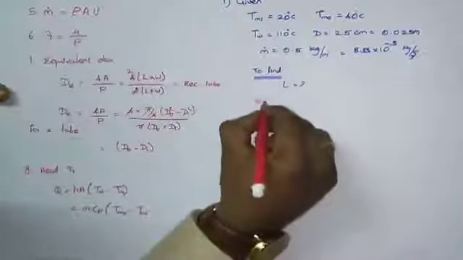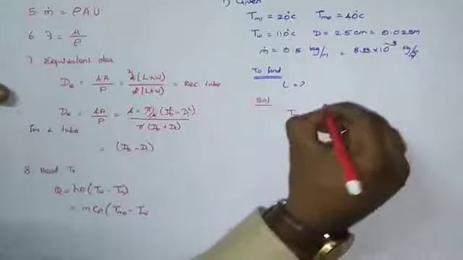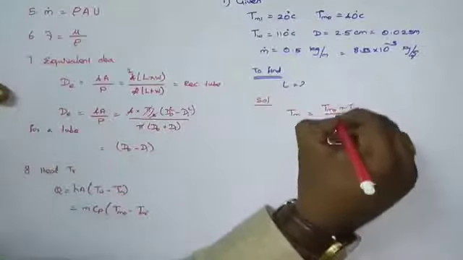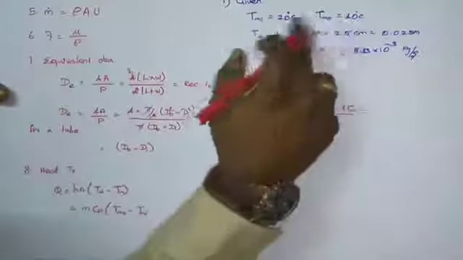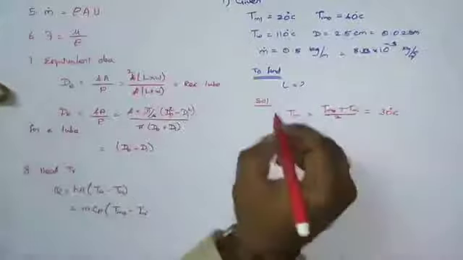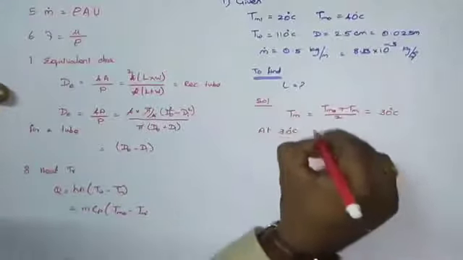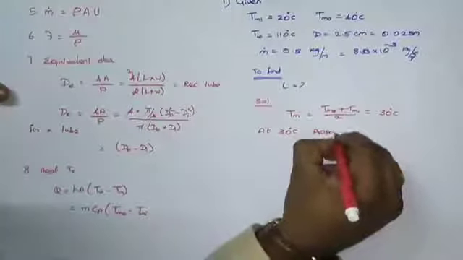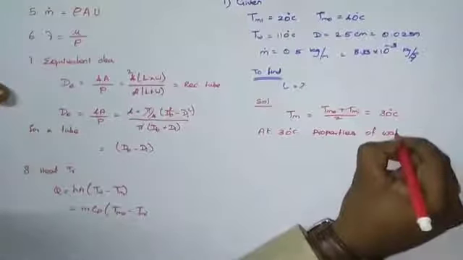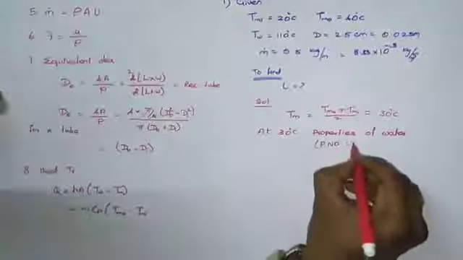Now the solution. In the solution, the first step is to find out the T mean temperature, which is equal to (Tm naught plus Tmi) divided by 2, which is equal to (40 plus 20) is 60, divided by 2, equal to 30 degrees Celsius. Now at 30 degrees Celsius, take the properties of water from page number 22.